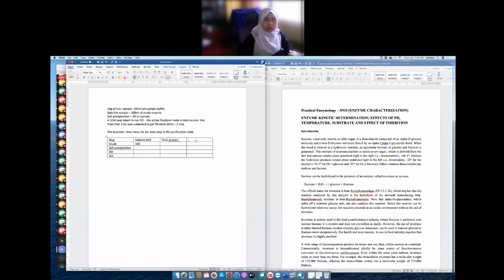All of this we can get based on the volume that we have set, right? So what is the answer for salt precipitation, IEX, and size exclusion chromatography?